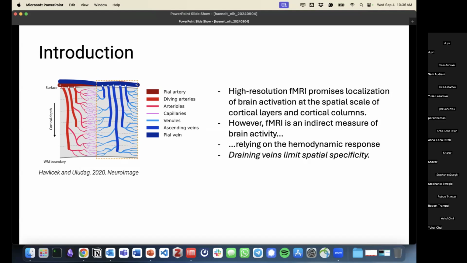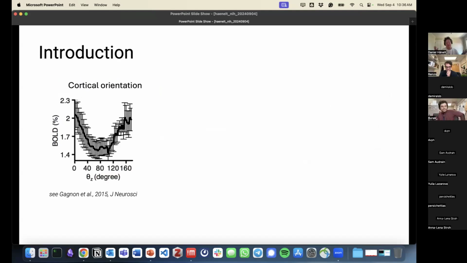But the fMRI signal also depends on a multitude of other influences. For example, there's also the known effect of cortical folding with respect to the static magnetic field, which influences the BOLD signal.